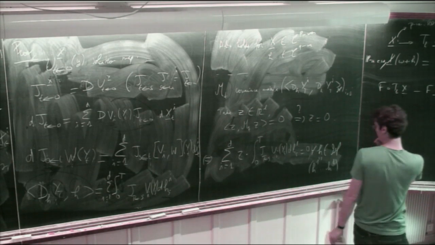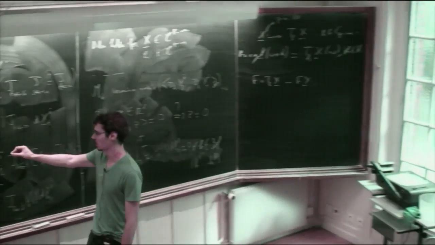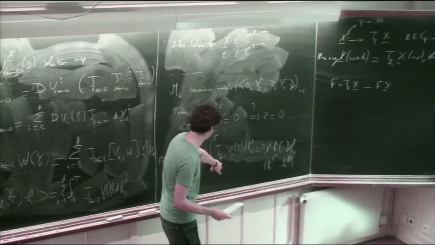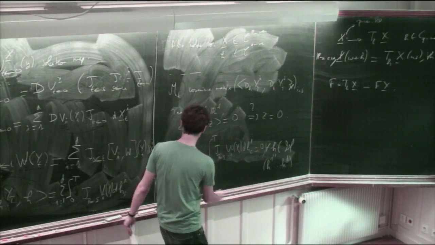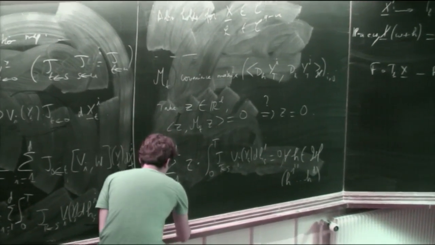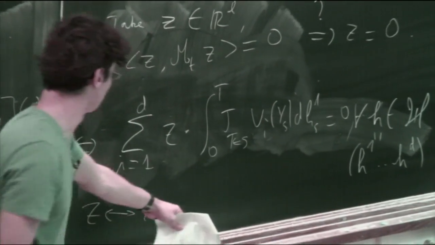And so what that means, the first thing to simplify, we will want to use this formula here. And for that, it's better if we don't have from s to t, but from s to 0. But this is just, you just replace z by z times J from 0 to t, right?